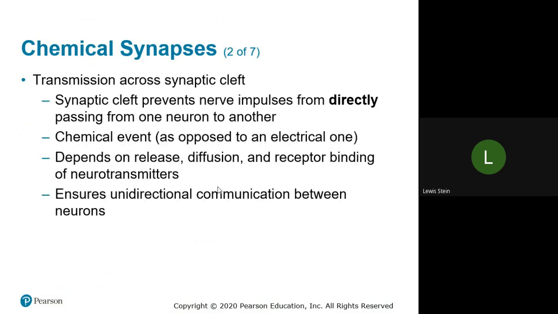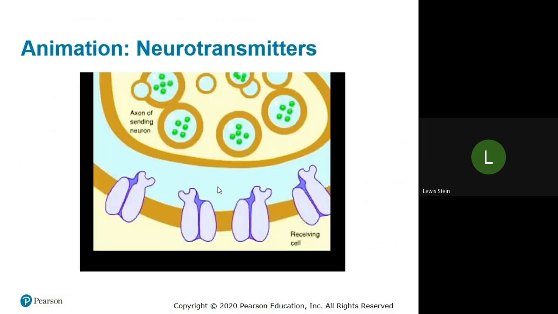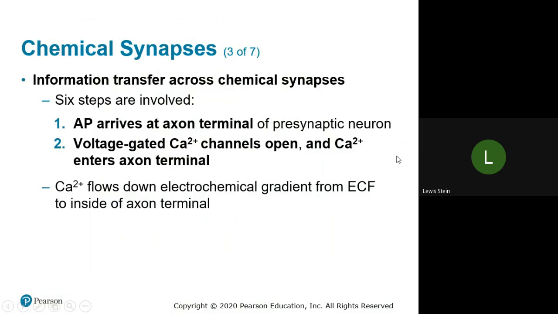It's a synaptic cleft. Yes, it prevents nerves from directly passing. It's chemical, not electrical. It's about the release, how rapidly it diffuses across, how efficiently it binds, and the unidirectional nature of it.